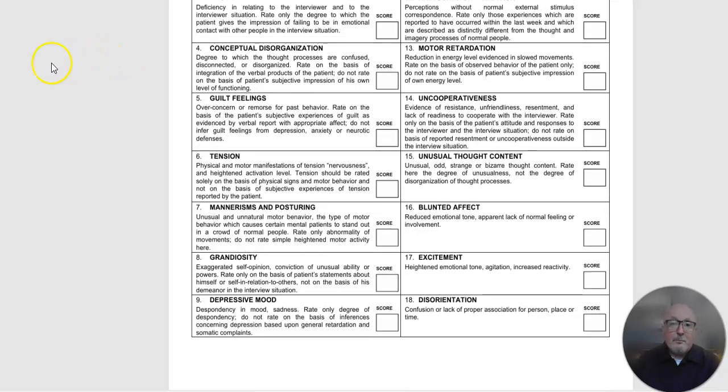Grandiosity can also be present, and again, think in terms of delusions. Folks that are delusional have a loss of contact with reality, and their grandiosity might be in terms of their beliefs about themselves.